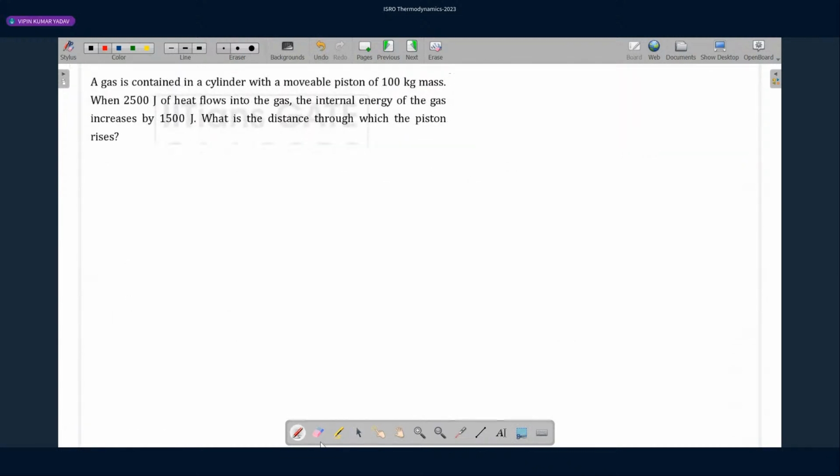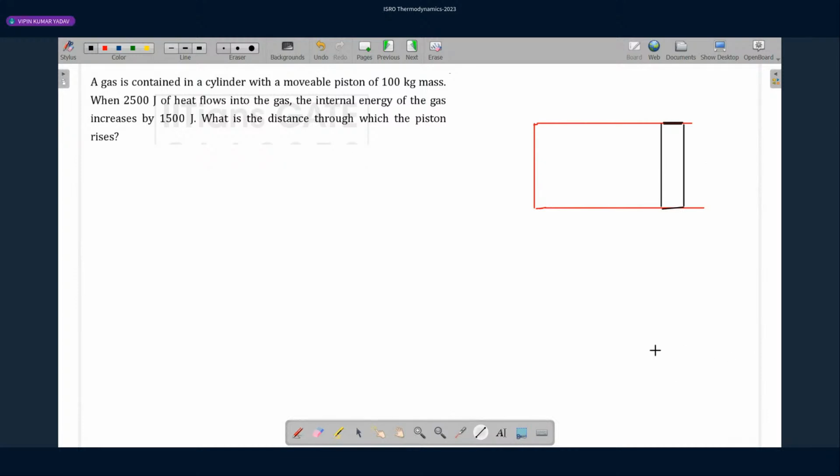So basically, we have a cylinder with a movable piston.